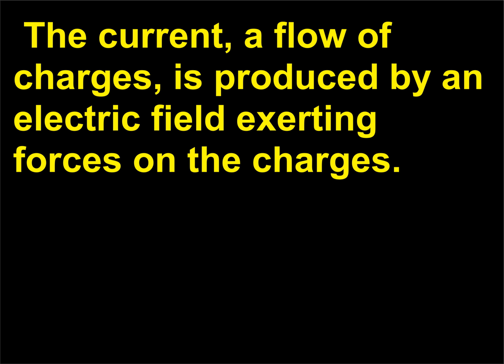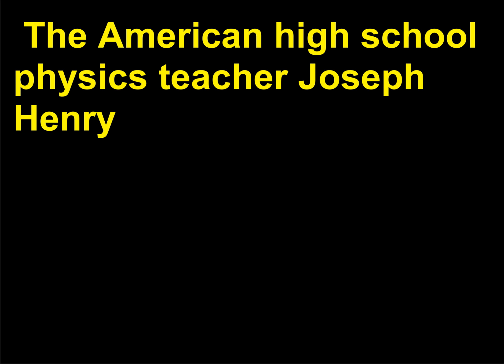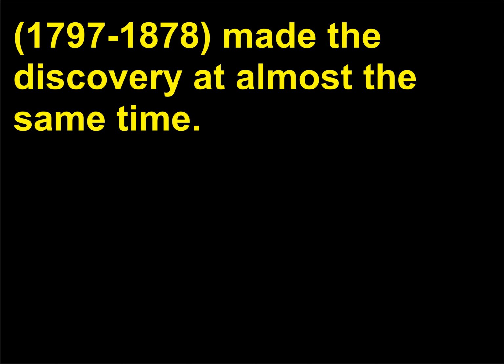The current, a flow of charges, is produced by an electric field exerting forces on the charges. Faraday went on to invent the dynamo, an early electric generator. The American high school physics teacher Joseph Henry, 1797 to 1878, made the discovery at almost the same time.